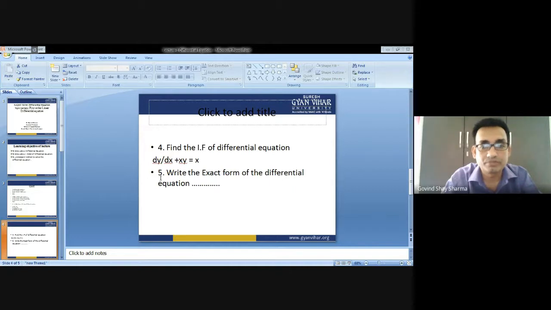And how do we check whether this is exact or not? We find the value of del N upon del x and del M upon del y, and check whether these are equal or not. If these are equal, we call the equation exact form. This is also mentioned in the lecture.